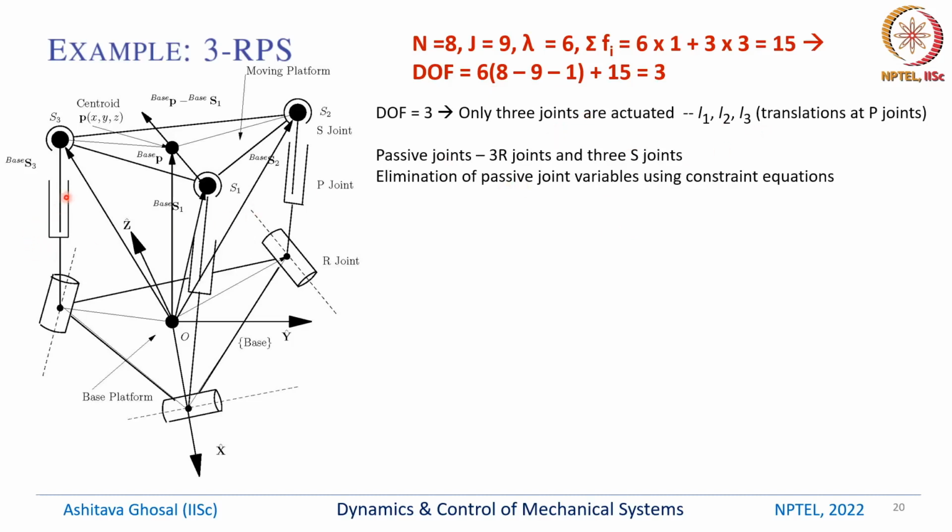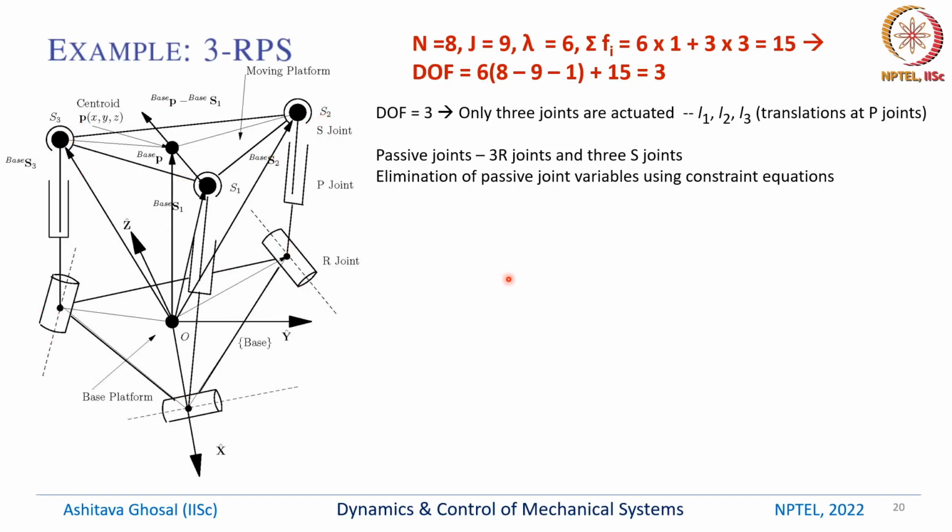So we will consider these sliding joints or these prismatic joints as the actuated joints, and the variables, which is the sliding member, is L1, L2, L3. So these are the translations of the prismatic joints. So if you consider these as the actuated joints, the 3 rotary joints are passive joints, and these 3 spherical joints are also passive joints. So we do not have any motors which are driving this rotary or the spherical joints.